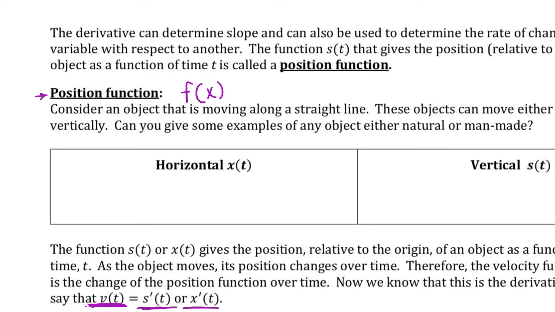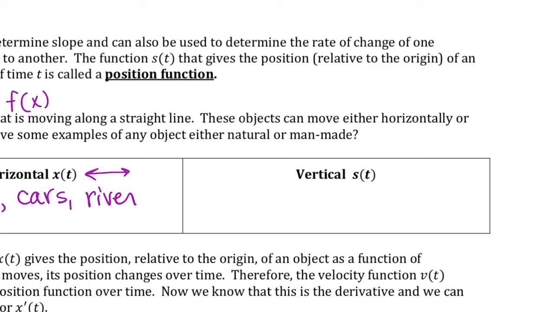So when we talk about how objects are moving, a horizontal movement, left to right, would be something like people, just everyday cars, and even a river. That has your horizontal motion, whereas your vertical motion is going to be something like a rocket.